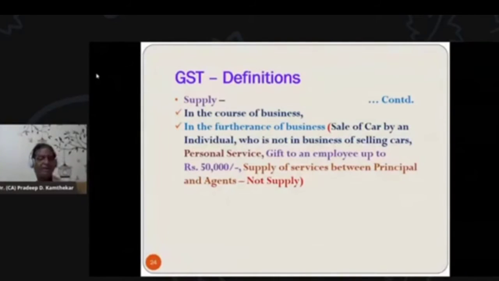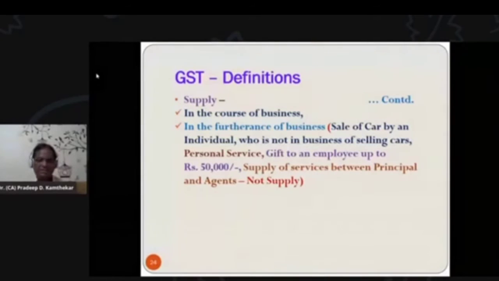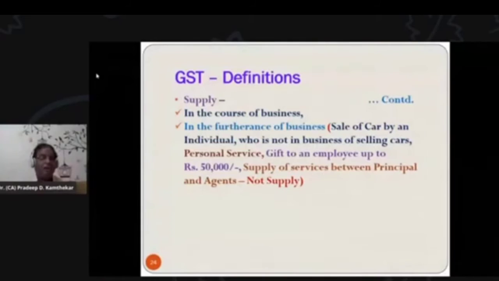So even any transaction which is an adventure in the nature of trade, commerce, or business, having features like consideration and profit motive, is in the furtherance of business, and it will be treated as supply of goods and services.